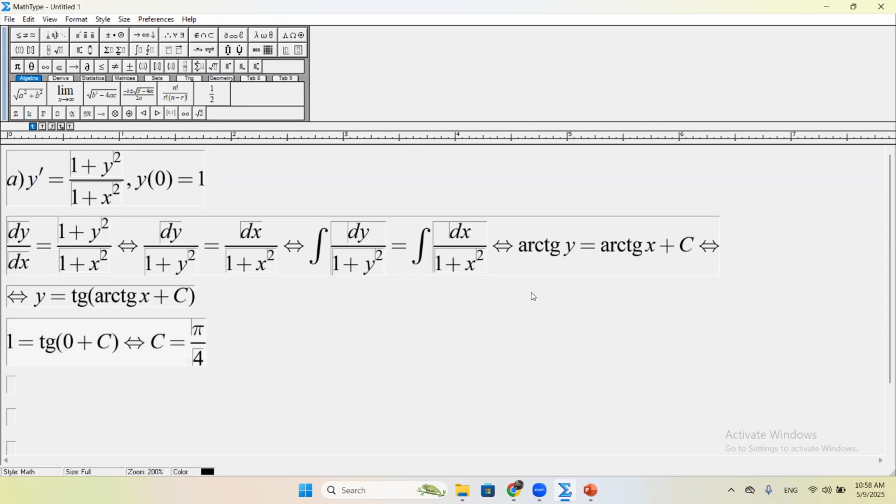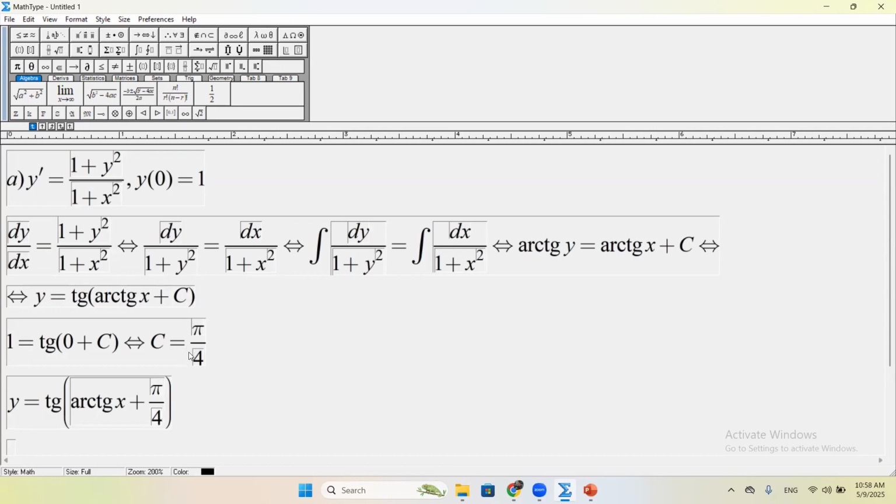And now writing down the partial solution. So y equals tangent of arctangent of x plus pi over 4. And this is the partial solution.